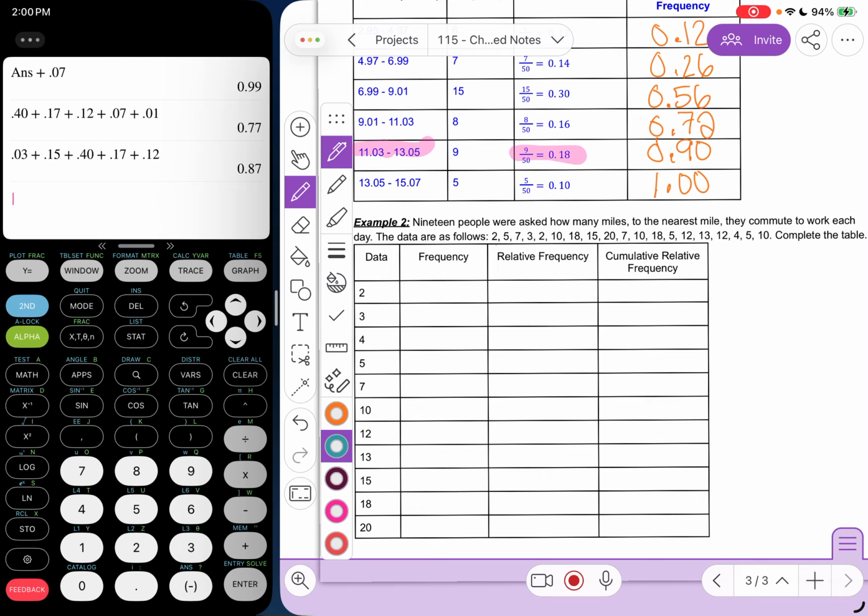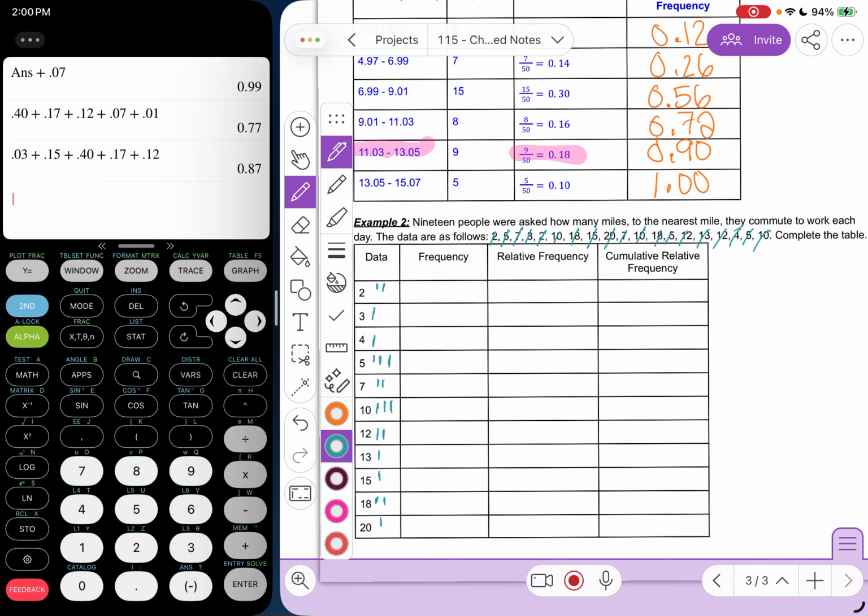So let's see. So we have a 2 here. I'm going to make tick marks. 2, 5, 7, 3, 2, 10, 18, 15, 20, 7, 10, 18, 5, 12, 13, 12, 4, 5, and 10.